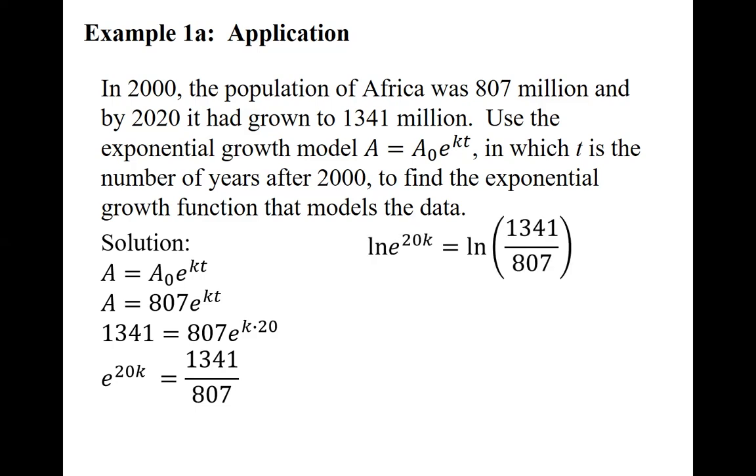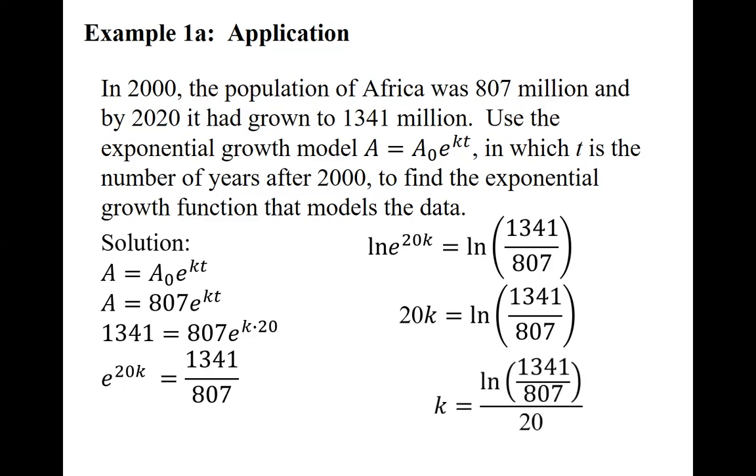Take the natural log of both sides. Then that 20k goes from exponent to coefficient. Natural log and e cancel each other out, leaving us with just the 20k. Divide both sides by 20. K equals the natural log of 1,341 over 807, all over 20. That would be the exact value of k.